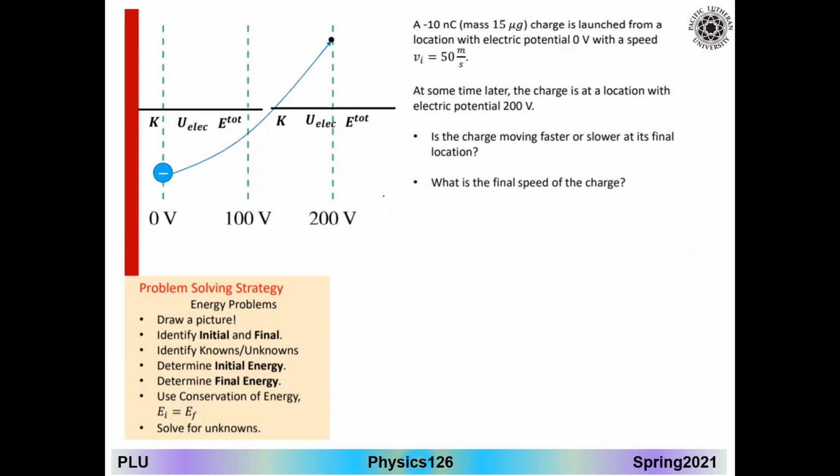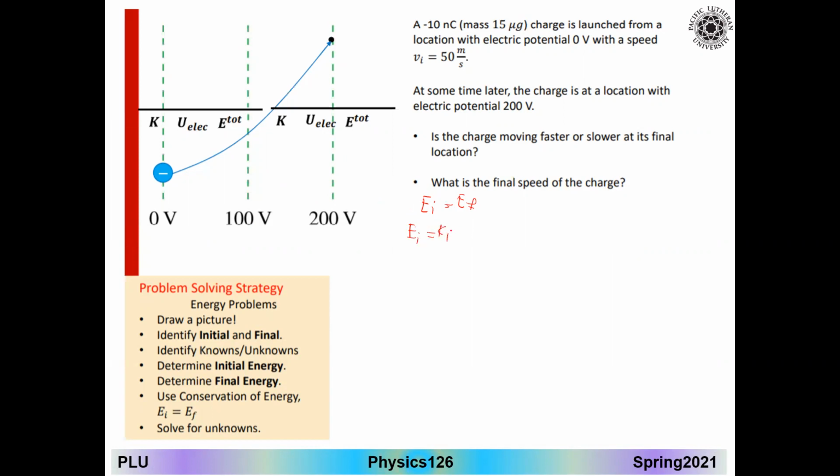So here's the conservation of energy. The initial energy should be equal to the final energy. That's the conservation of energy formula. What we have in energy in that case is kinetic energy and potential energy.